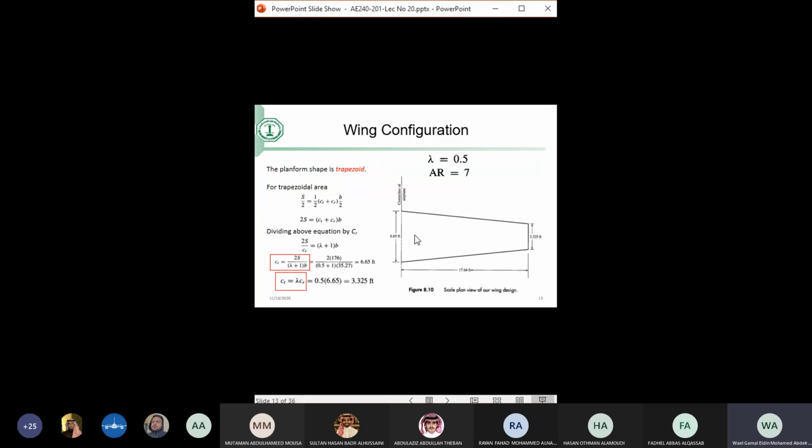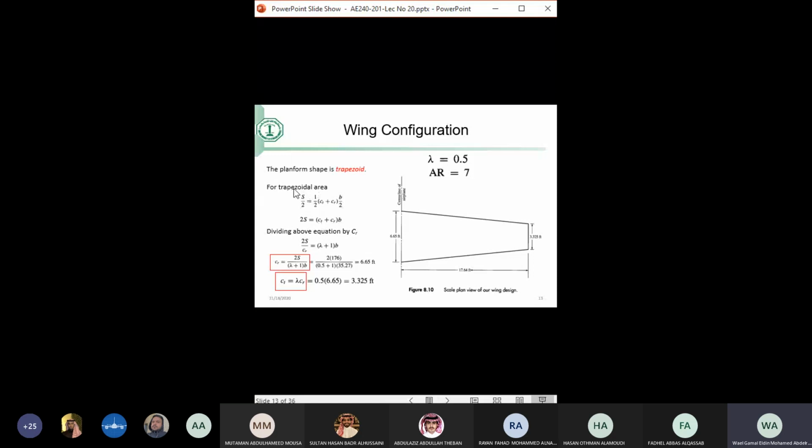And if I know the ratio is 1/2, that means this distance is half that distance. I can use simple geometry, this is high school geometry, in order to find the dimensions. It's an exercise that can take just 2 or 3 minutes to derive. So this is the total area of the wing. Actually, this is half the area because this is 1/2 of the wing. It's the average base multiplied by the length.